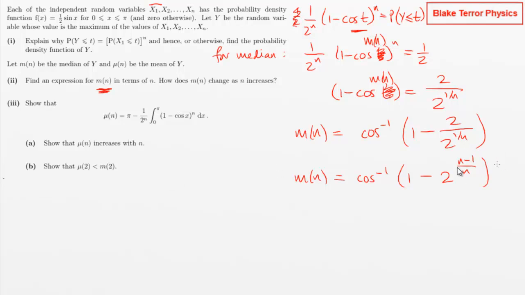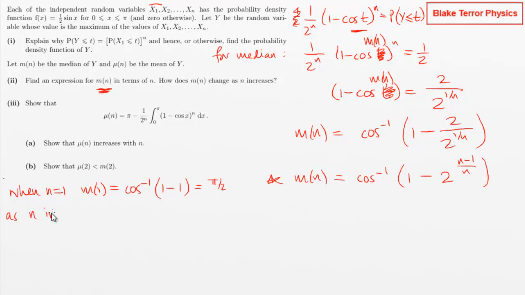It's a good way to verify that this result here is actually correct. So, okay, when n equals 1, m of 1 is equal to cos inverse of 1 minus 1, which equals pi over 2. So that's what we'd expect.